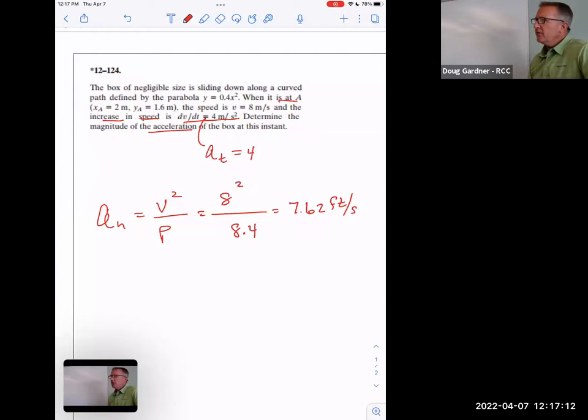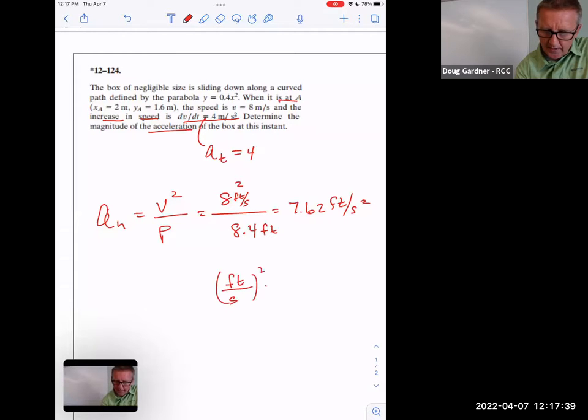What's wrong with my units there? Yeah, feet per second. And just a side note, if you put the units back into this, what's the unit for rho? It'd be feet. So I have feet per second squared times 1 over feet.